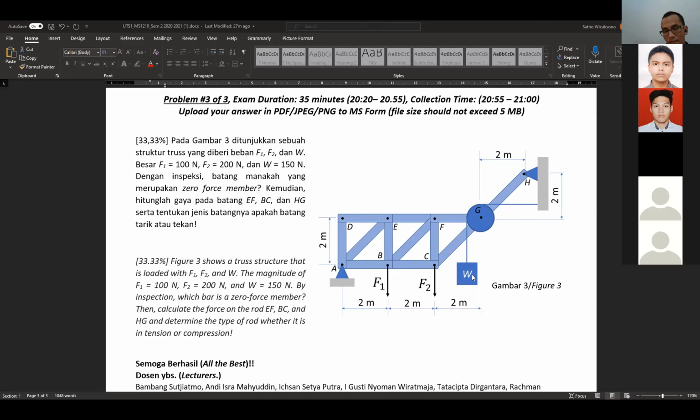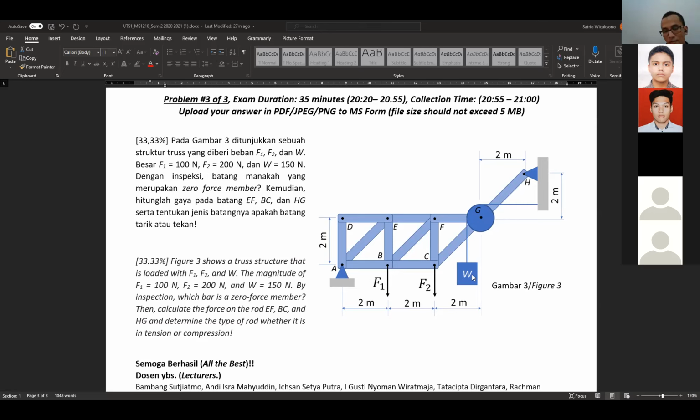That's the first type of zero force member. When you have two collinear members meeting each other, only those two at one joint, then those two will become zero force members. This and this are zero force members.